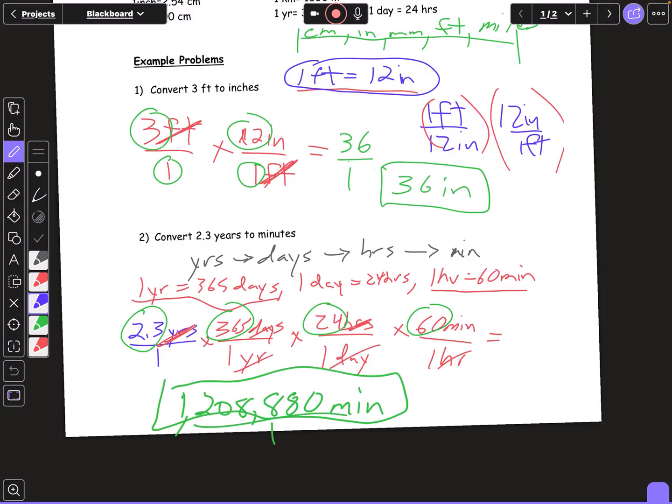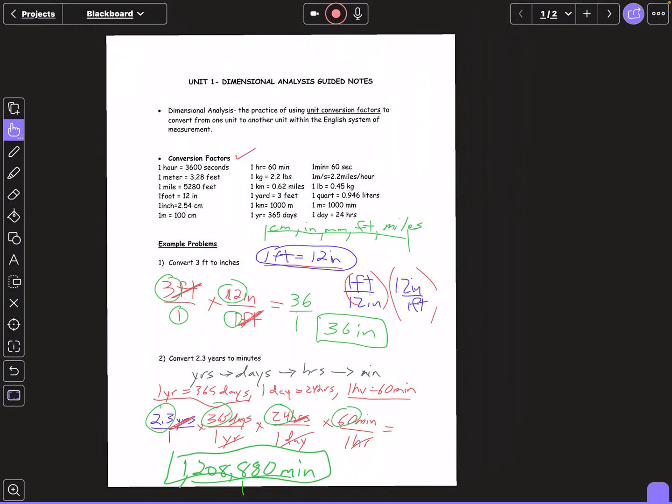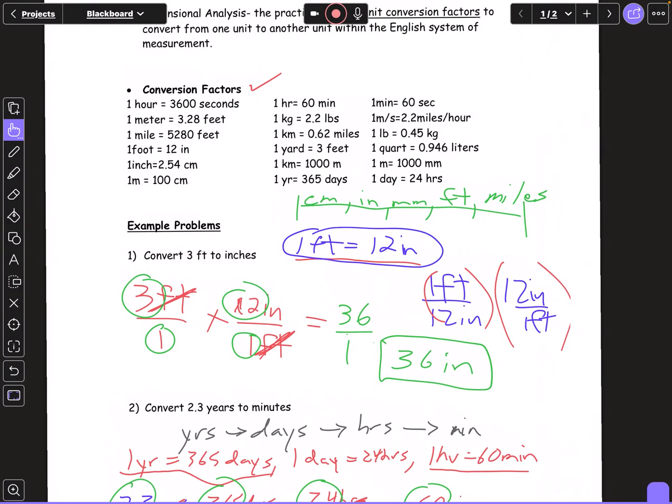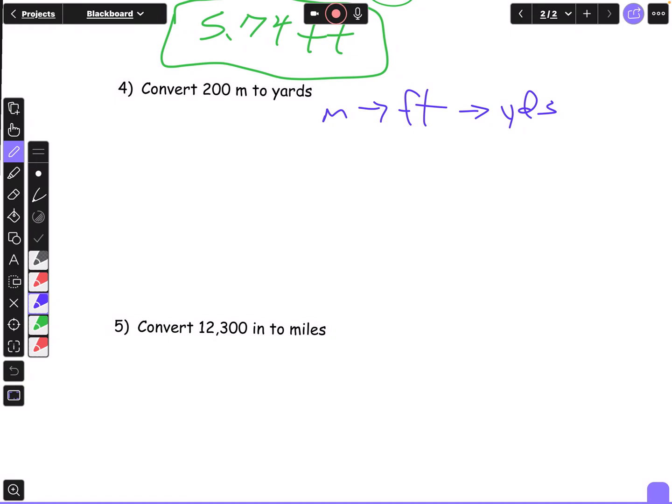So if I look back at my conversions, I have this conversion here. 1 meter equals 3.28 feet. So one of my conversion factors is 1 meter equals 3.28 feet. And then I need to go from feet to yards, and I know that 1 yard is equal to 3 feet.